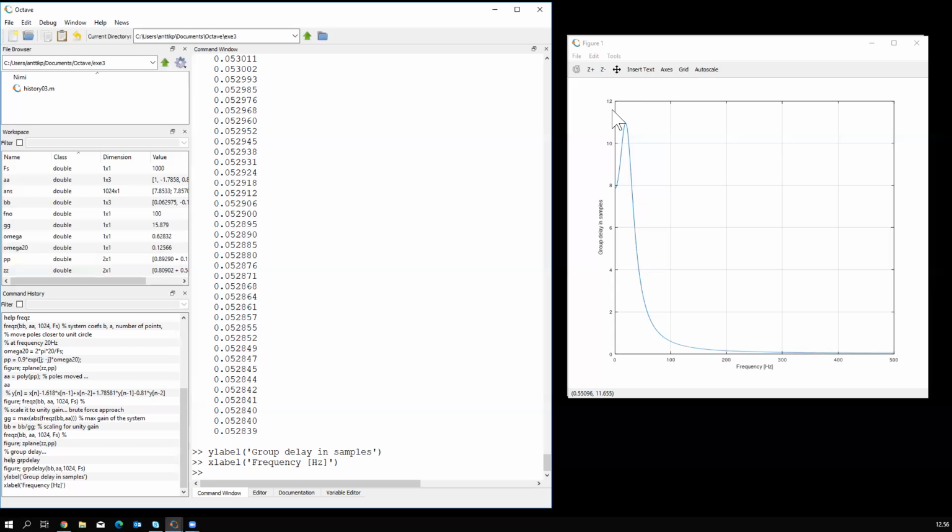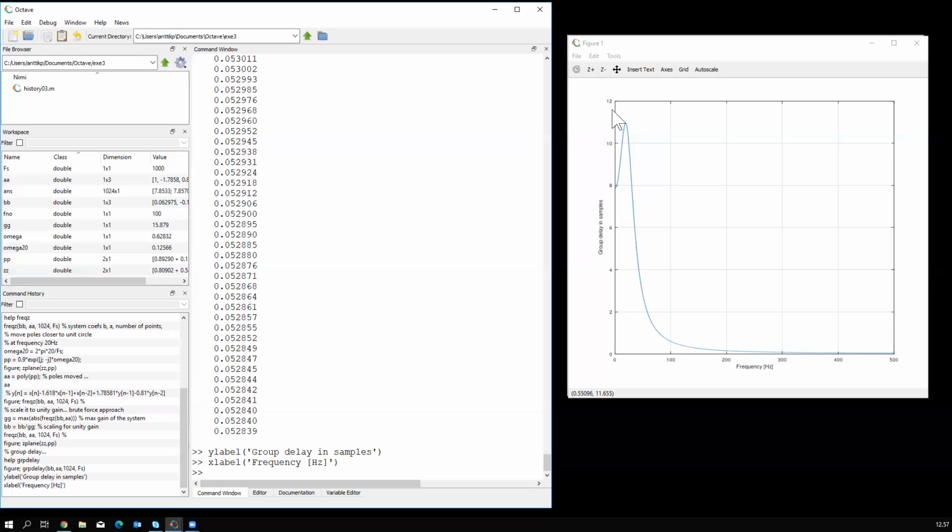If it's an application where the pulse form must be preserved, meaning different frequency components on the passband must delay the same amount of time in the system, then you must also use a finite impulse response system. But in this case, I didn't care.